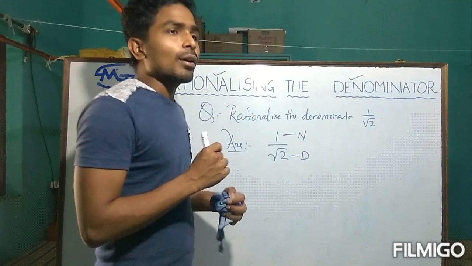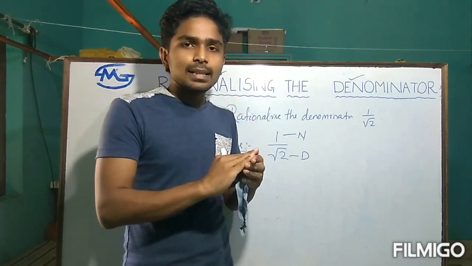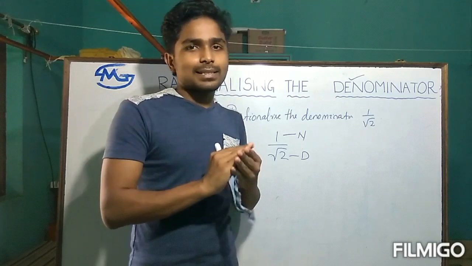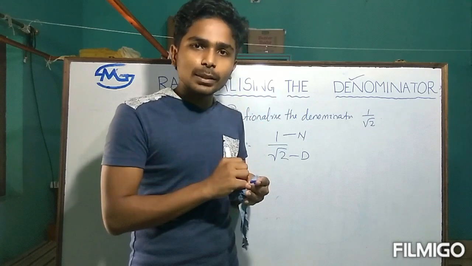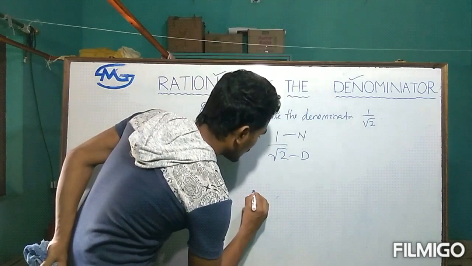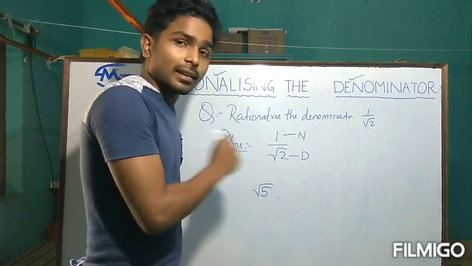How can we do it? As you know, whenever two same irrational numbers are multiplied, they give a rational number. Suppose root 5 is an irrational number.